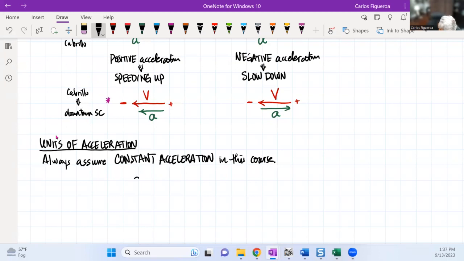So that means that when I look at the acceleration and how we defined it, this guy has to be a constant value.